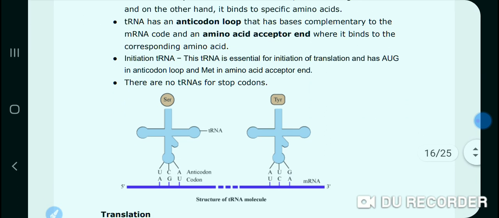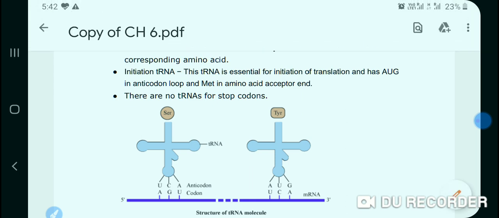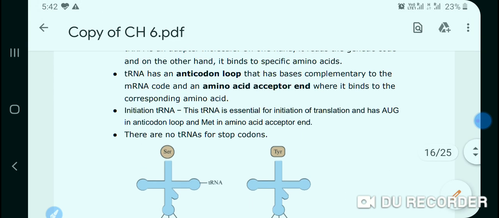Here is the messenger RNA, there is a codon, and an amino acid acceptor end. This is the anticodon loop and this is the amino acid acceptor end, where it binds to the corresponding amino acids.